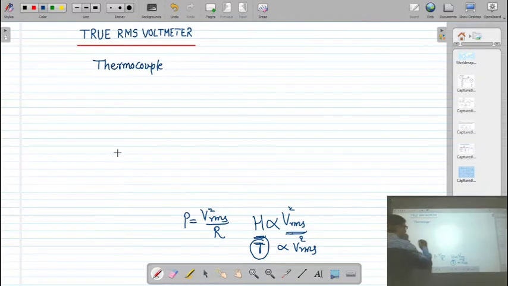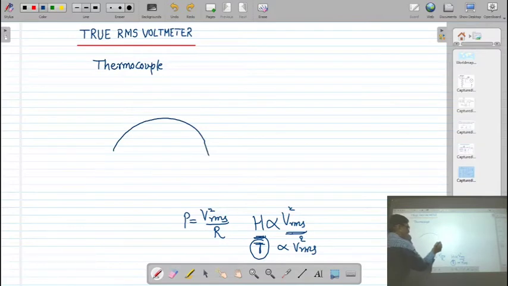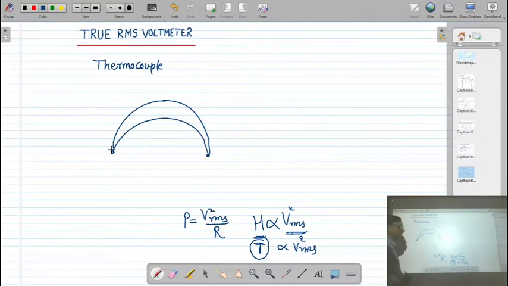Here, if we have one of the metals like this, a kind of wire, and another metal is also connected to this, then we have this junction and here also we have this junction.